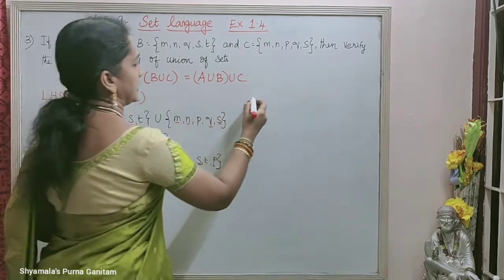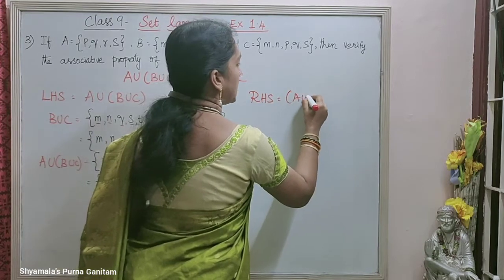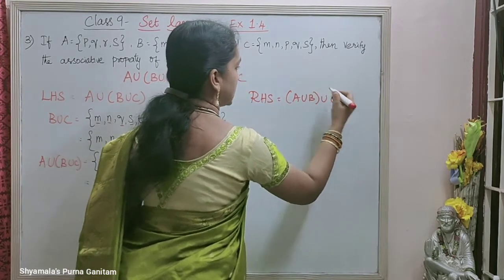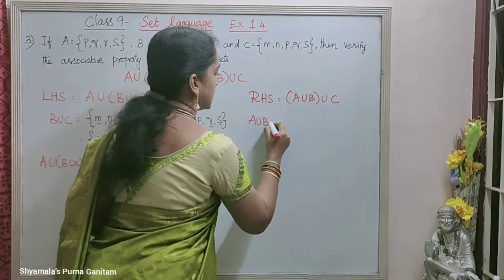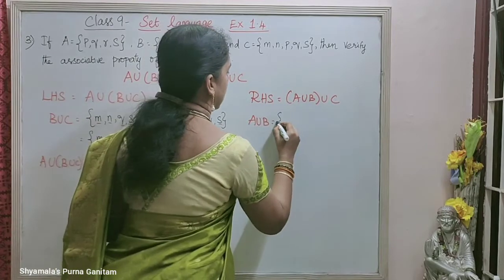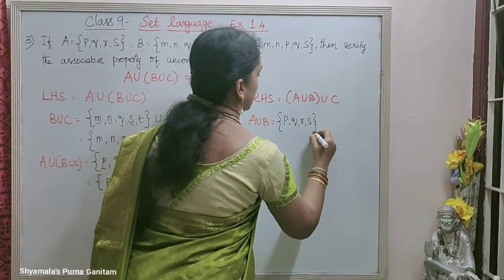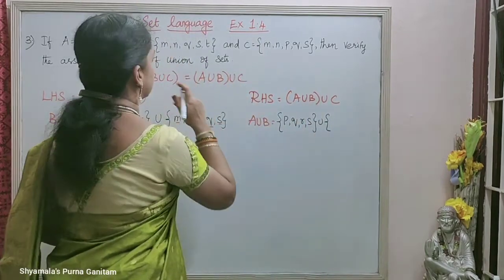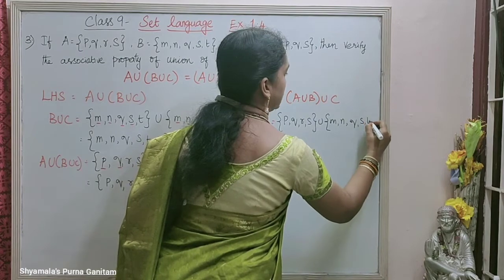Now the RHS part. What is RHS? RHS is (A union B) union C. First I will find A union B. Set A is {P, Q, R, S}, union set B is {M, N, Q, S, T}.